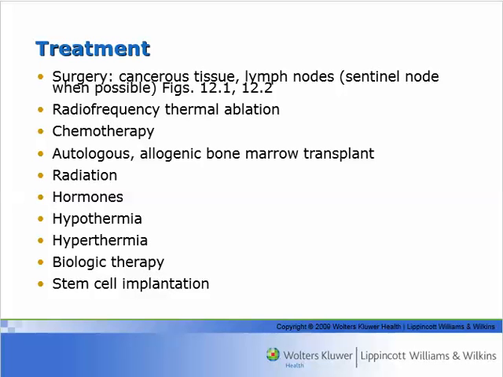Hair follicle cells are very highly mitotic, and that becomes an issue because you're not just killing the tumor cells, you're killing any cells that are in mitosis. So skin cells, hair follicle cells, those sorts of things tend to die as well, and that's why your hair falls out. That's why you get ulcerations on the skin. The skin is poorly healing.